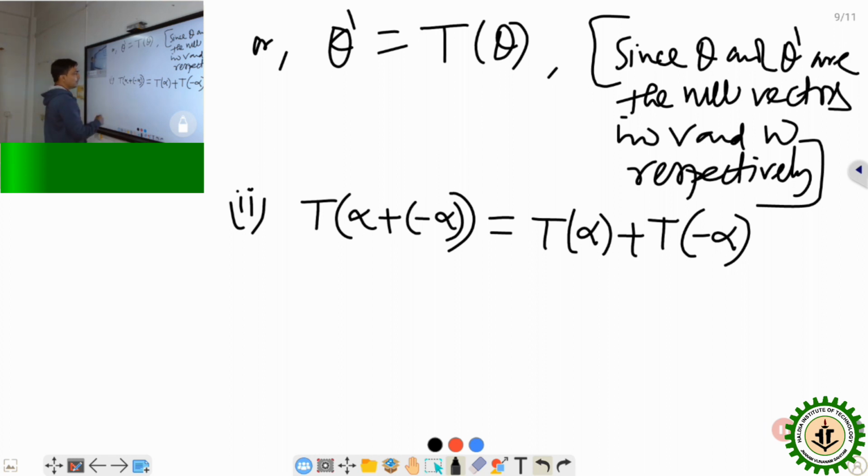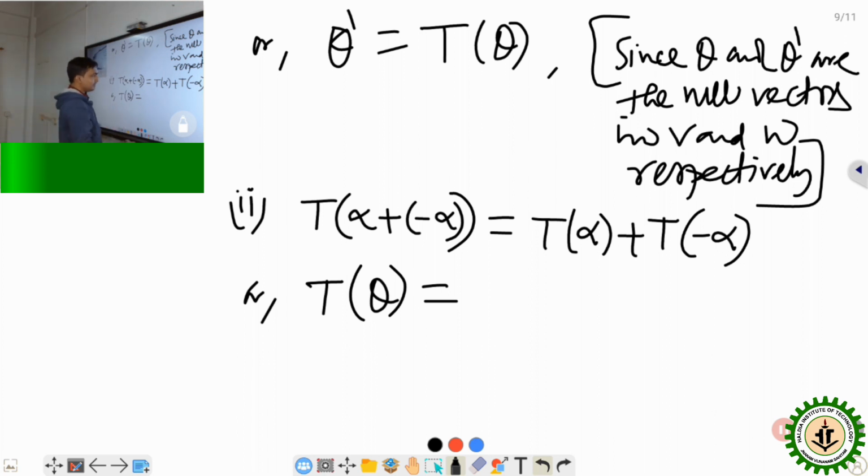Now, on the left hand side we can write alpha plus minus alpha as theta, since minus alpha is the additive inverse of alpha, so if we add alpha and minus alpha, it gives you theta.